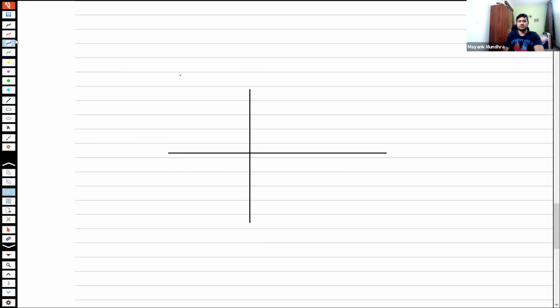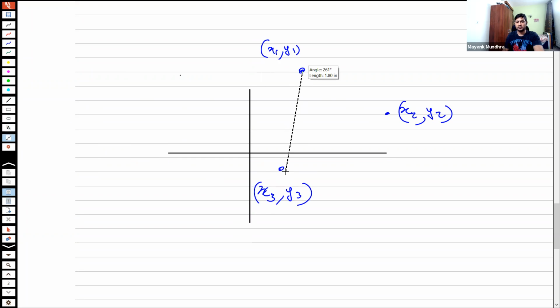Okay, so some points x1, y1, x2, y2, and x3, y3. So you combine these 3 points, you get some triangle.